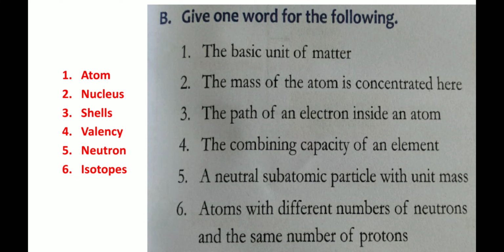Fourth one, the combining capacity of an element is called valency. Fifth one, a neutral subatomic particle with unit mass. The answer is neutron. Sixth one, atoms with different numbers of neutrons and the same number of protons. The answer is isotopes.